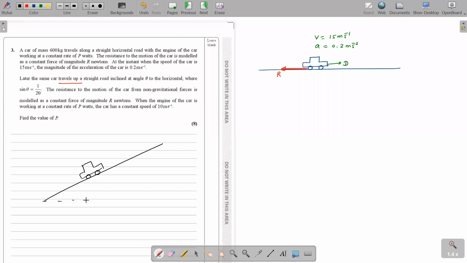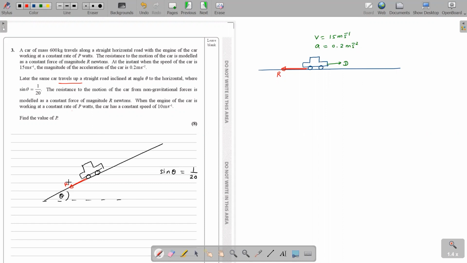The inclined angle is theta, and sine theta is 1/20. The resistance to the motion of the car from non-gravitational forces is modeled as a constant force of magnitude R newtons. Since it's traveling up, the resistance should be acting down.